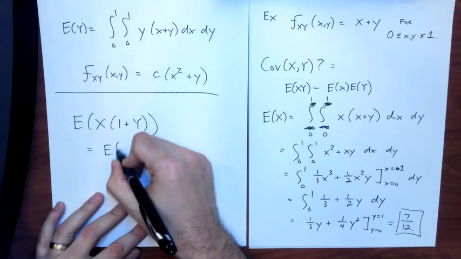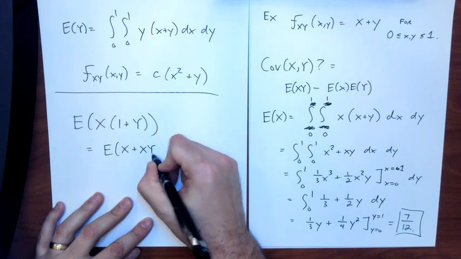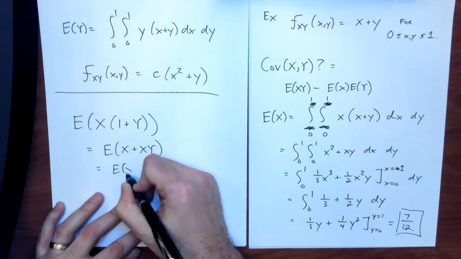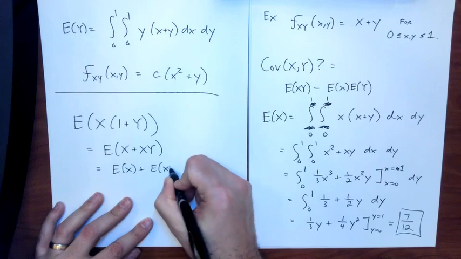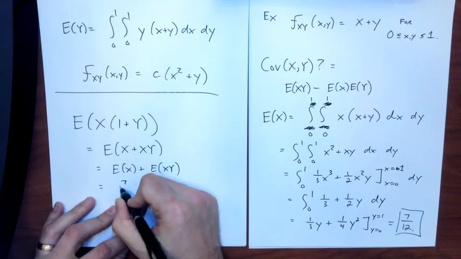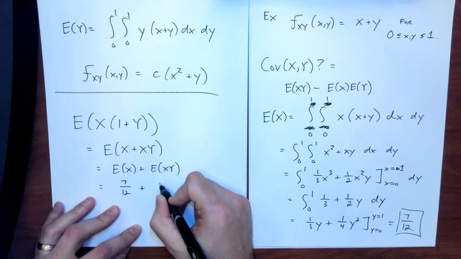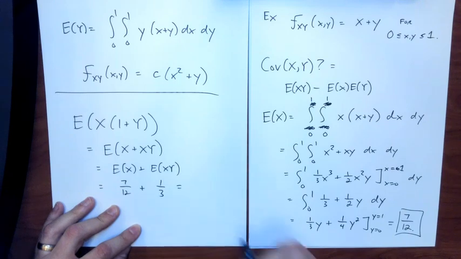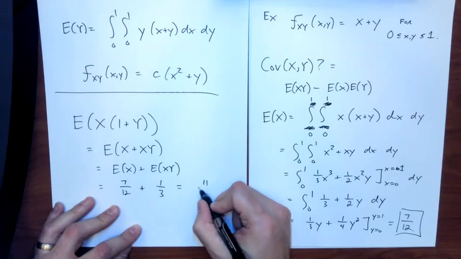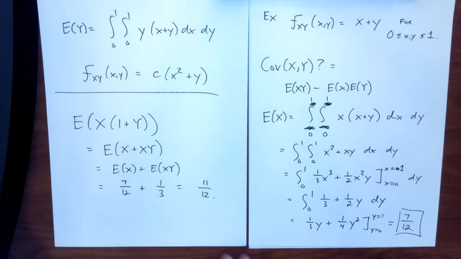I can just notice that this is the expected value of x plus the expected value of y, and I know both of these things. I could just pop this right off based on my pre-computation, just like a one-shot deal.